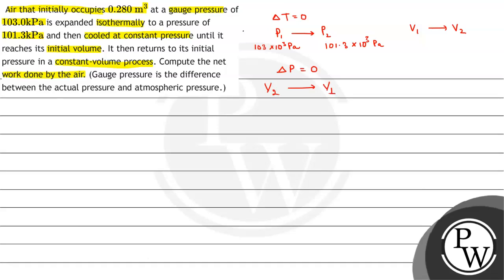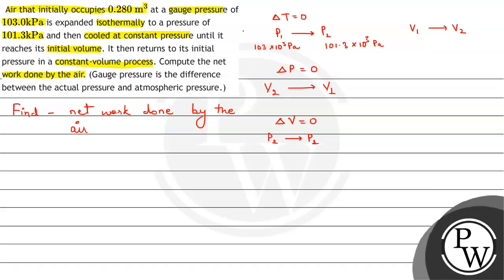In the next, it returns to its initial pressure at a constant volume, so in the next stage volume is kept constant, hence P2 will come back to its initial pressure P1. So we have to find the net work done by the air.